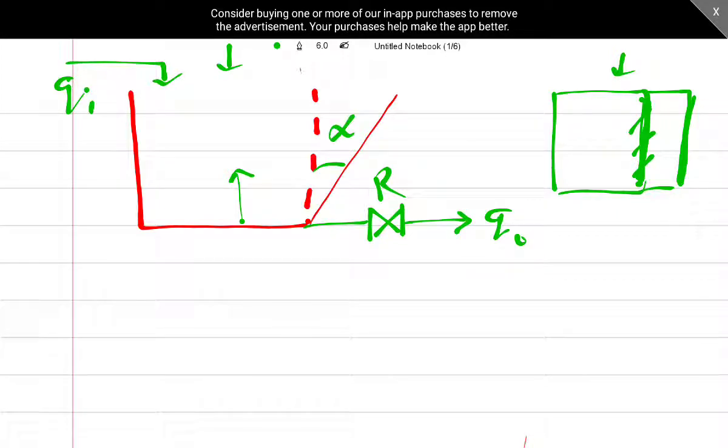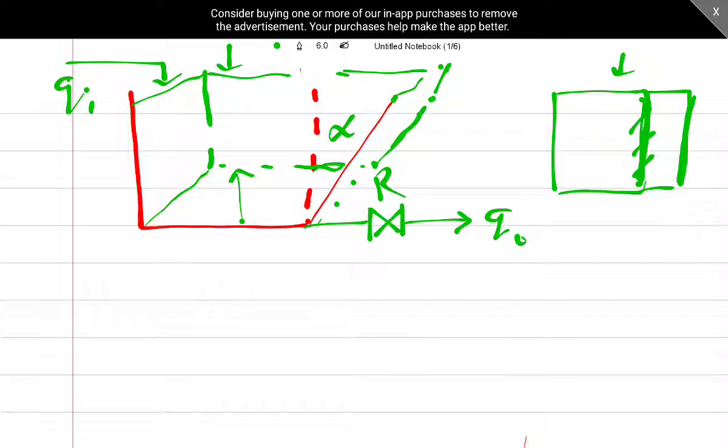Now if I consider it as a rectangular tank, then it is like this. So I am trying to maintain this. So this is actually the tank.